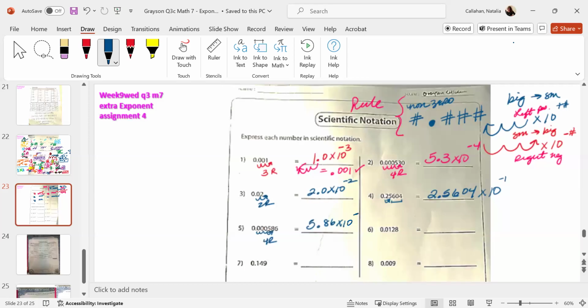Number 6 should be 1.28 times 10 to the negative 2. Is that what you have? For number 6, 1.28 times 10 to the negative 2. Yes. Yeah, that one. All right, Matt, out the door. Out the door now.